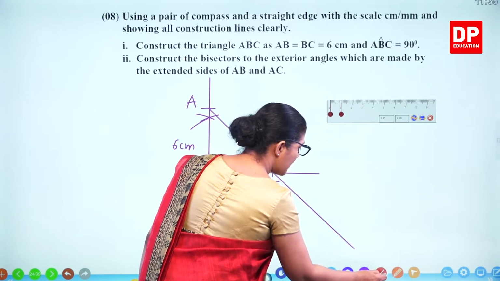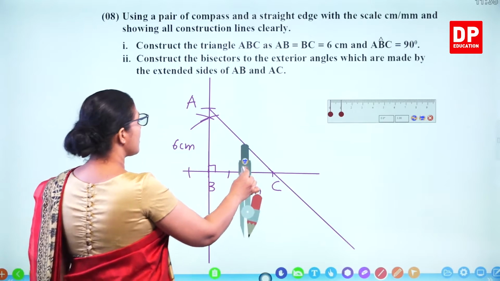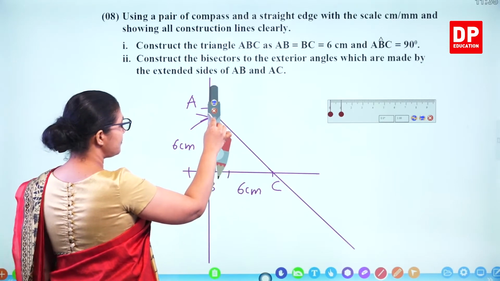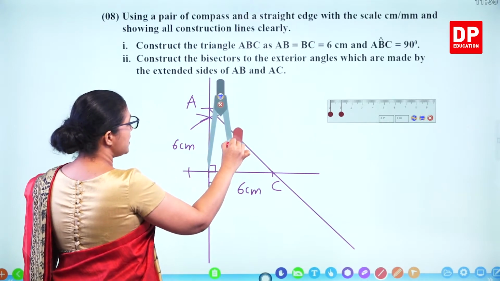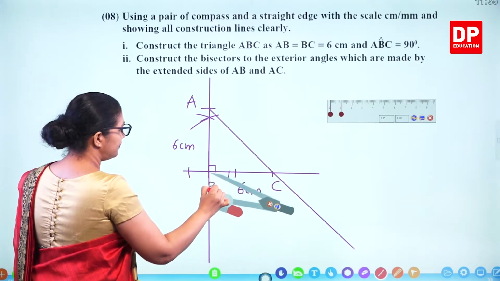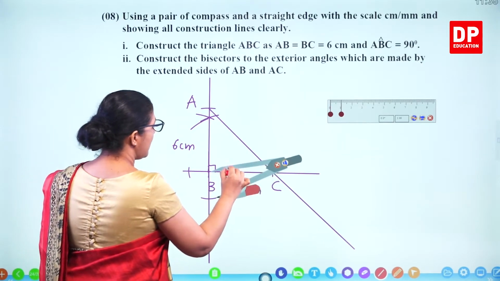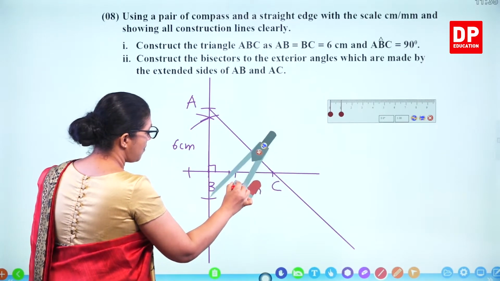So you need the compass for that. So you keep on top of B, take any two arcs from here, here and here. Again, keep it on top of this point and mark in the middle.